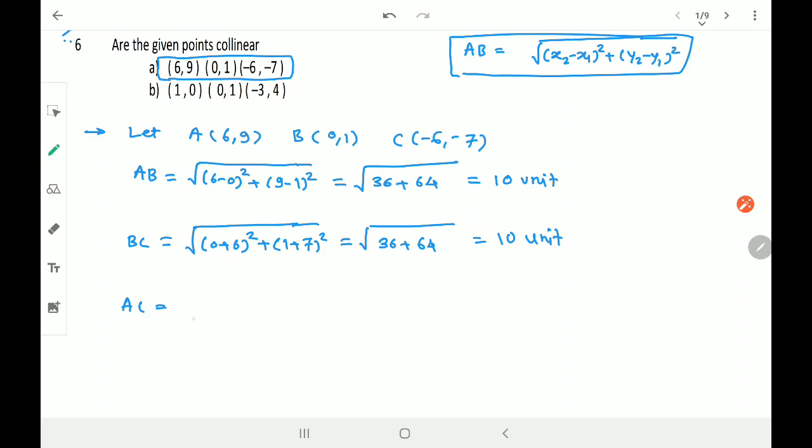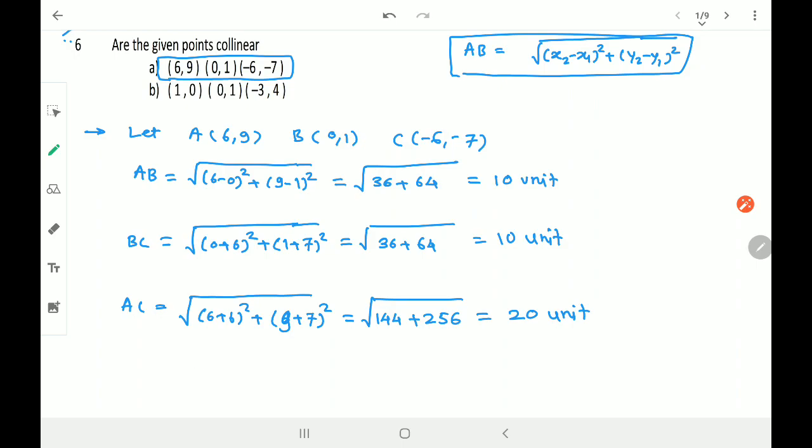We need AC as well. 6 minus of minus 6, that means 6 plus 6, the whole square, plus 9 minus of minus 7, that means 9 plus 7, the whole square, which is 12 square 144 and 16 square 256. The addition is 400 and the distance is 20 units.